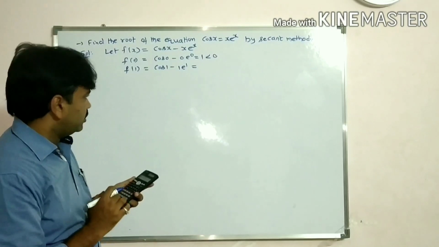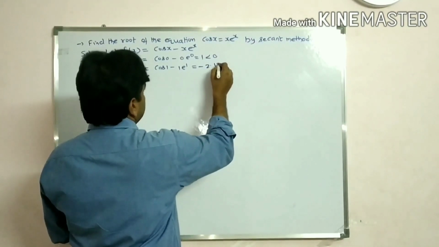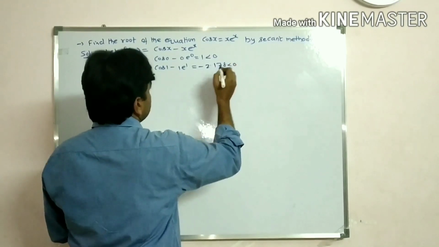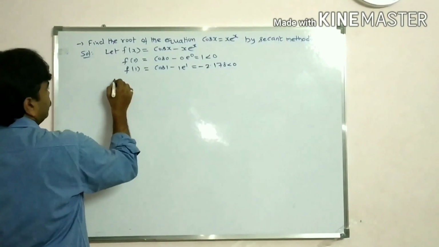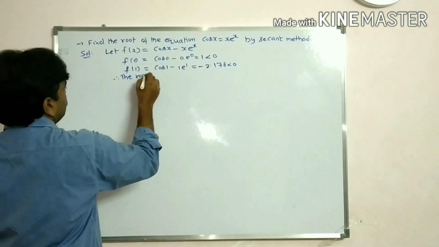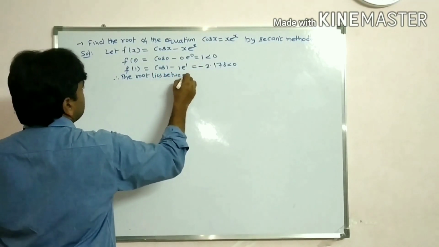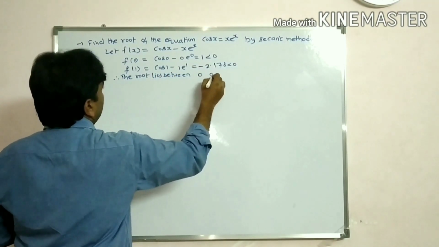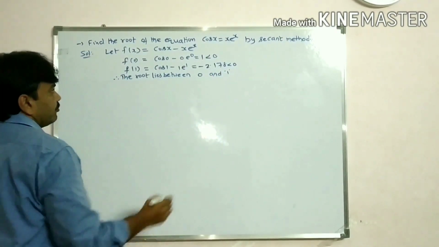So that is equal to minus 2.178, students, which is less than 0. Therefore the root lies between 0 and 1.